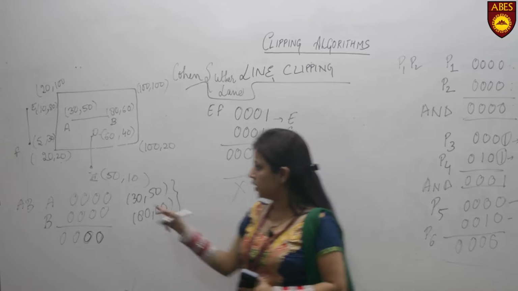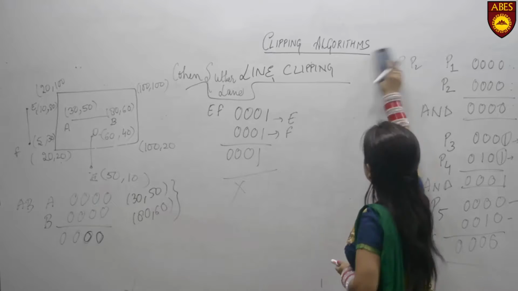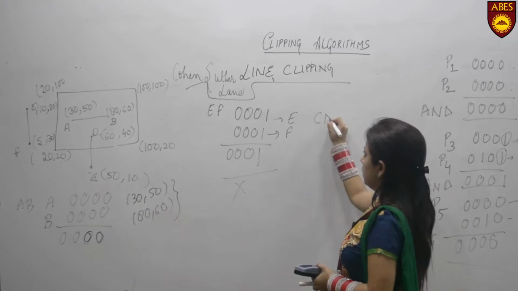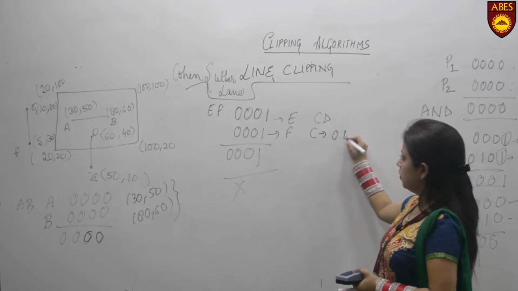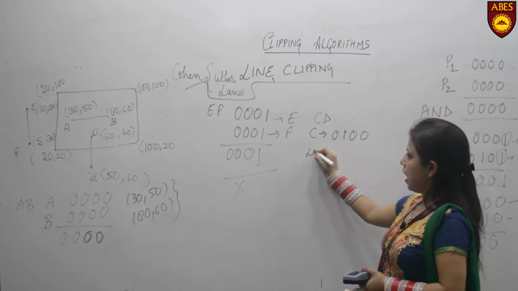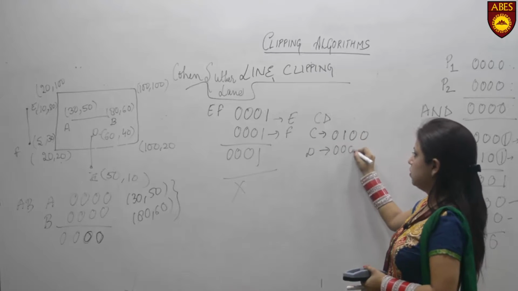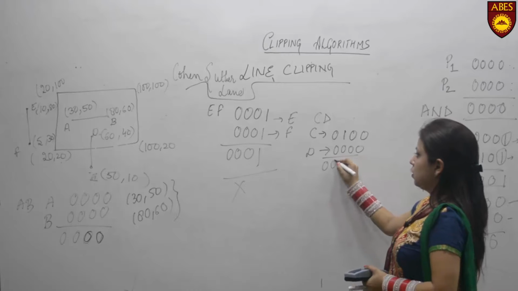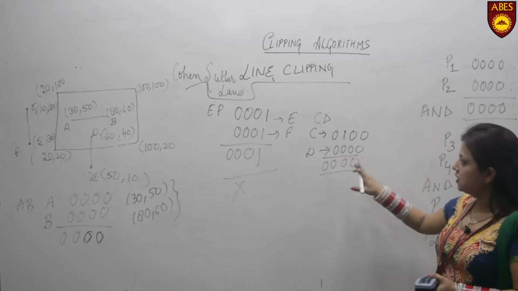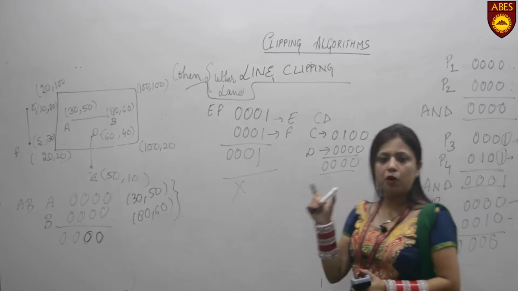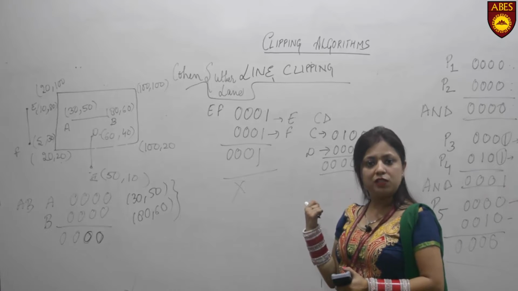right, top or bottom. If you see this particular case, C and D, the region code of C is above, below, right, left, and the region code of D is 0, 0, 0 and 0. The codes were non-zero, but still the output was 0. Now we will check which particular boundary is being intersected by this partially visible line.